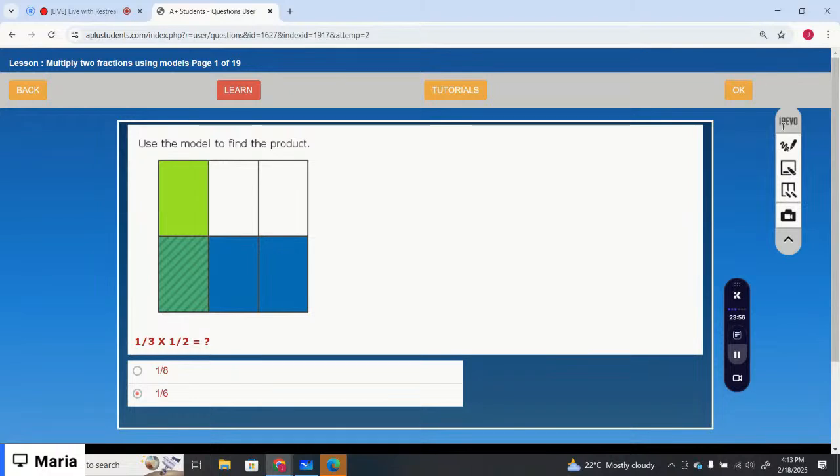One times 1 is 1 and 3 times 2 is 6. You can see here 1, 2, 3, 4, 5, 6, and only one of the squares has both the patterns. So that is 1 out of 6.